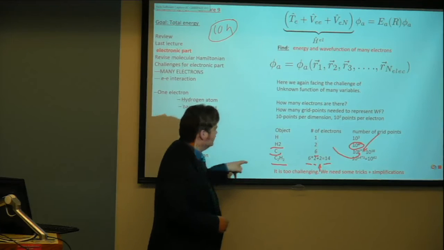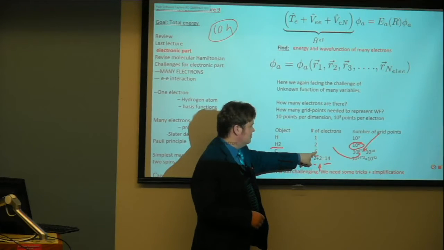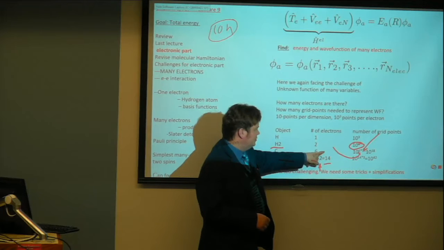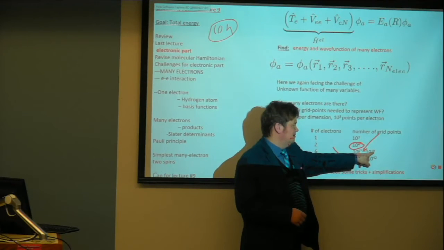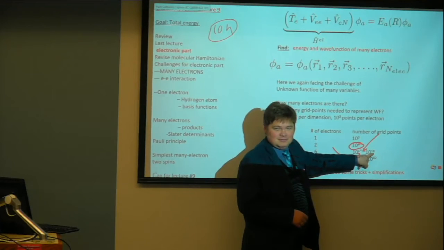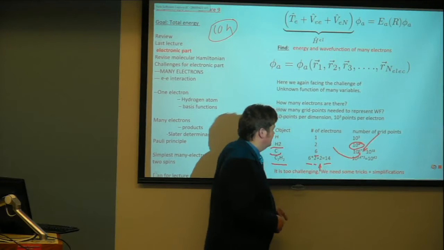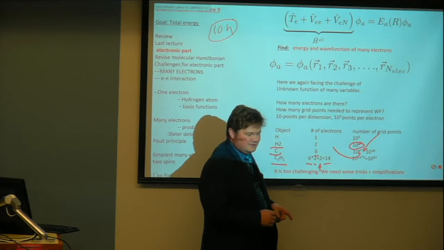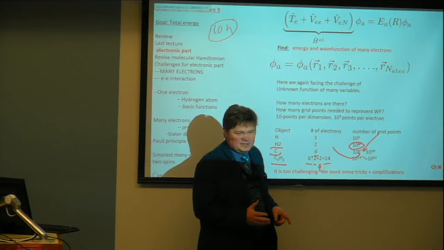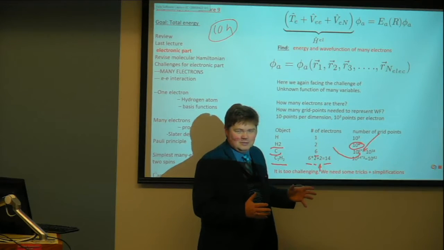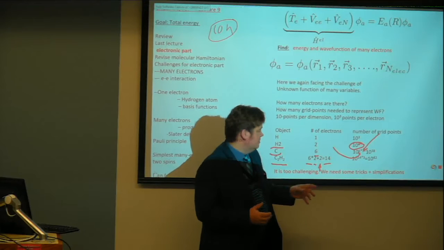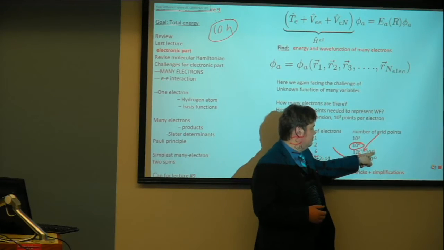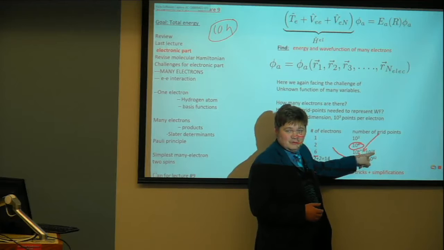A single carbon atom with 6 electrons will need this many data points. I think 10 to the 12 is approximately the capacity of a regular terabyte drive. So it's many terabytes for one carbon atom.